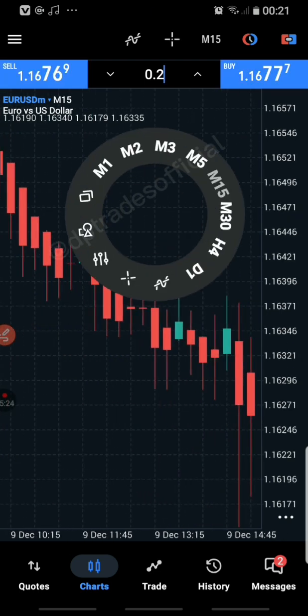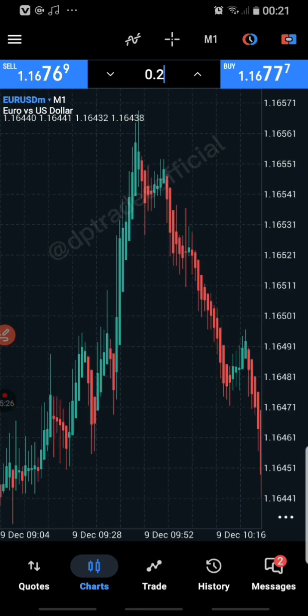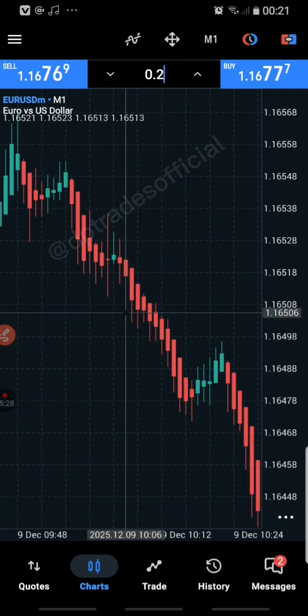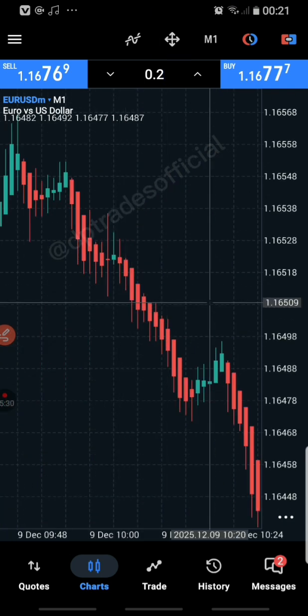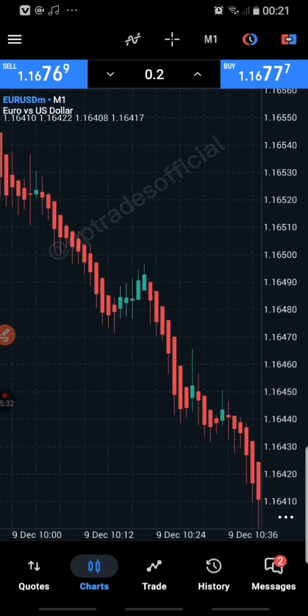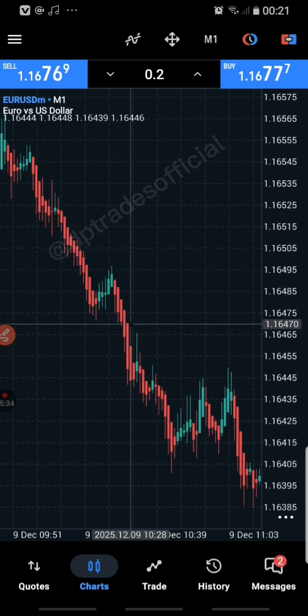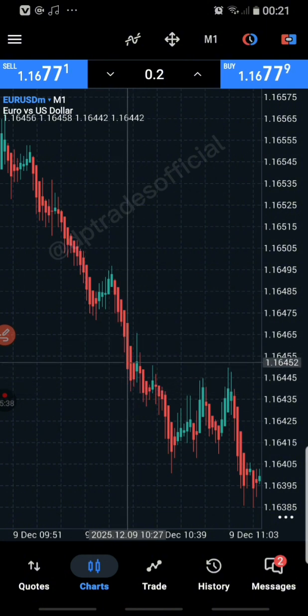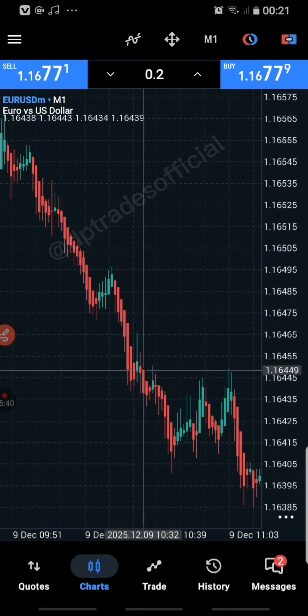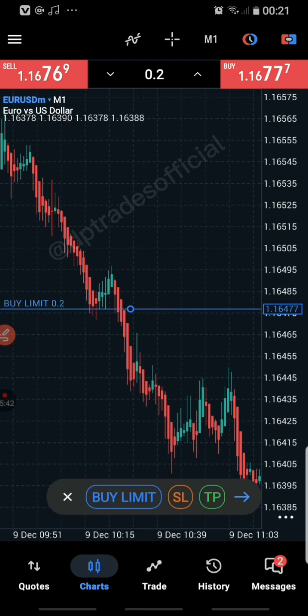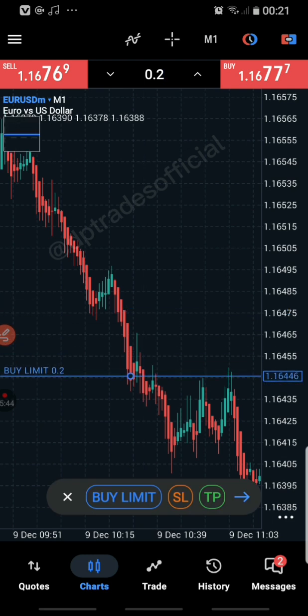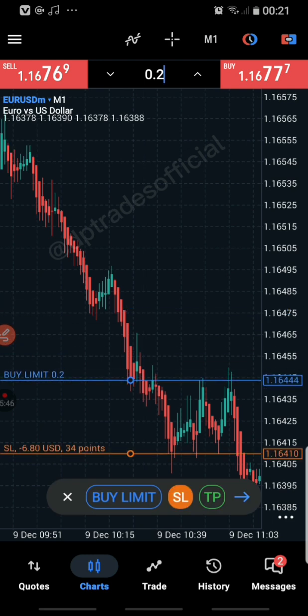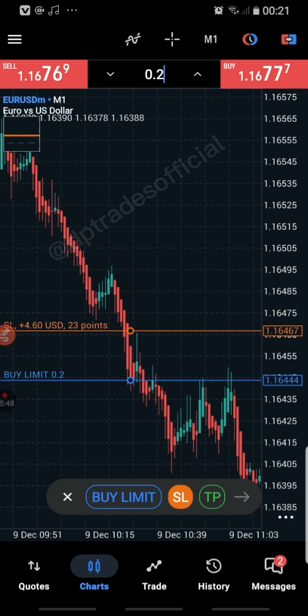We go to our 1 minute, looking for a signal direction down. So from 10:30, we're looking for a downward signal. And 10:31 gave us a good signal. So we said here stop loss potentially up there.